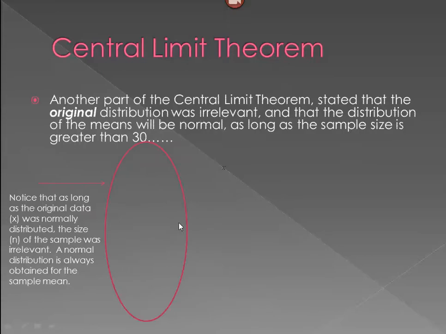Let's look at the first part of the central limit theorem, which we didn't much touch on, but it said something about the original distribution being irrelevant, and that as long as we took sample sizes of at least 30, the distribution of our means is approximately normal.